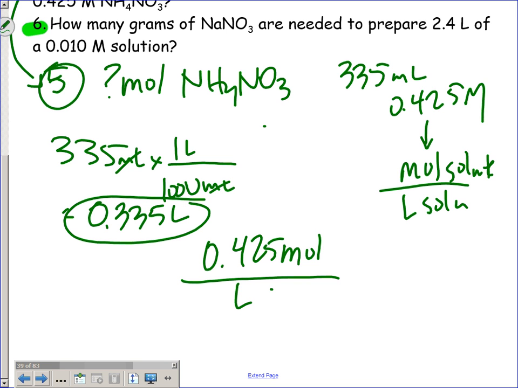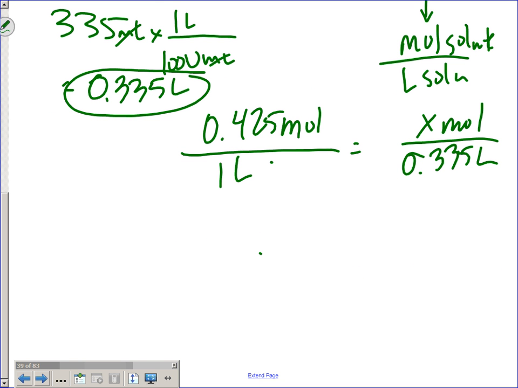If that helps you, think about molarity as the units that it actually is equal to: X moles, which is what we're looking for right here, divided by 0.335 liters. And so how are you solving for this, Praneeth? Like mathematically now? Just isolate the moles, so we multiply by 0.335 on both sides. The liters cancels here, right?